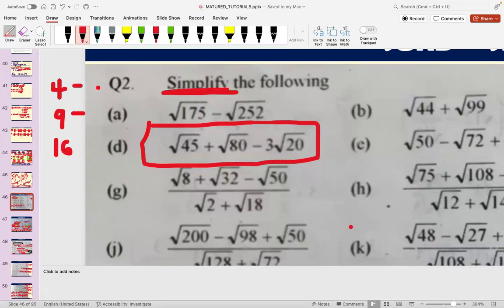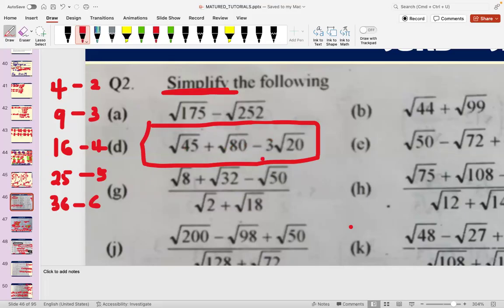This is 2 squared. This is 3 squared. This is 4 squared. We have 25. This is 5 squared. And then we have 36. This is 6 squared.